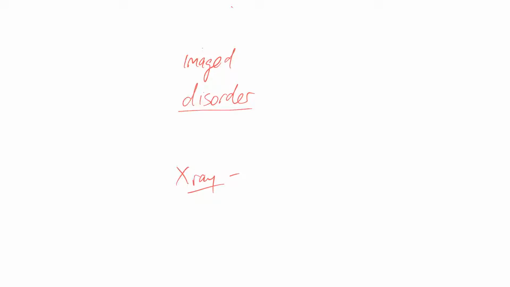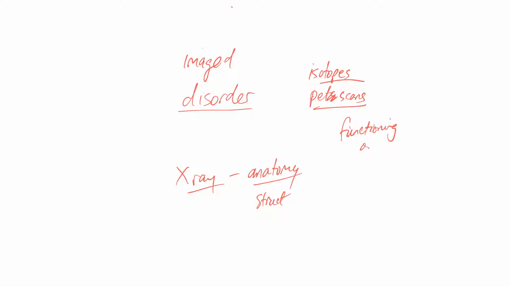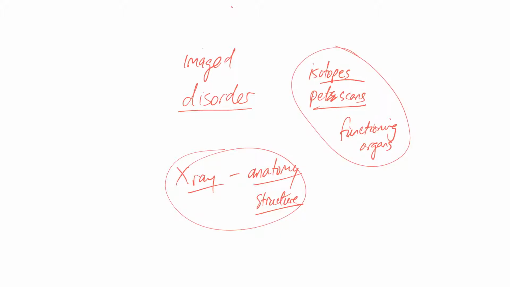The X-ray is a little more to do with the anatomy, the structure, whereas nuclear medicine imaging, such as isotopes and PET scans, have much more to do with the functioning of organs, not their structure.